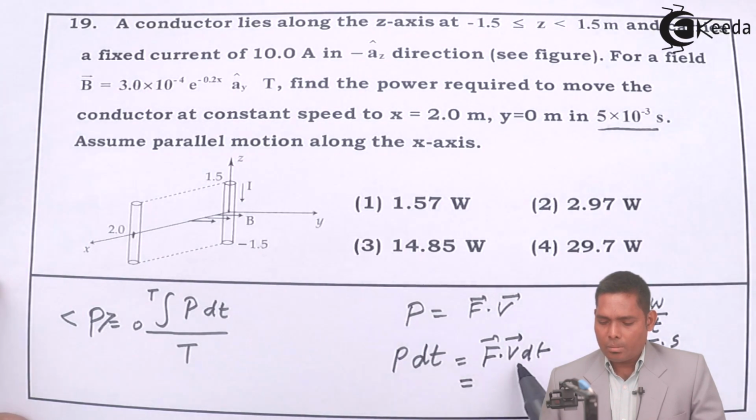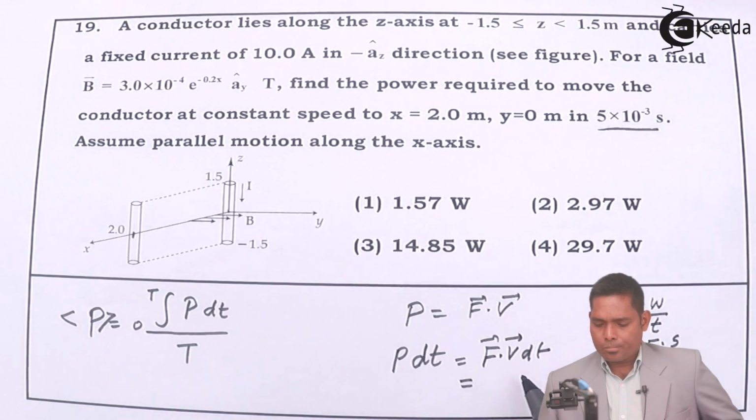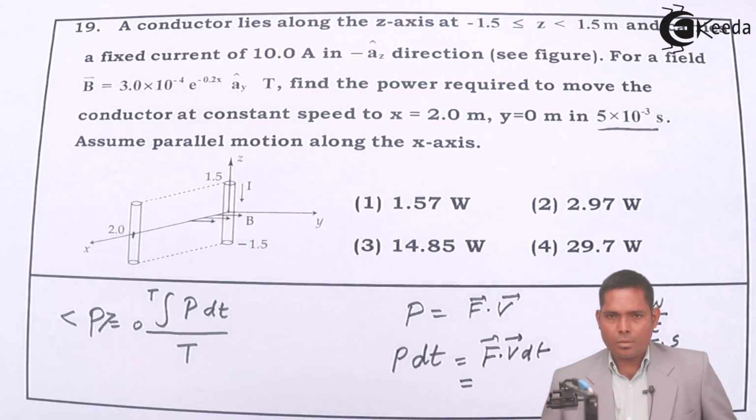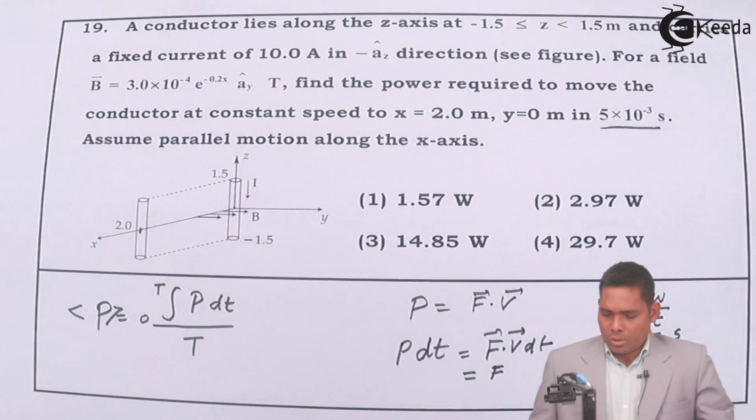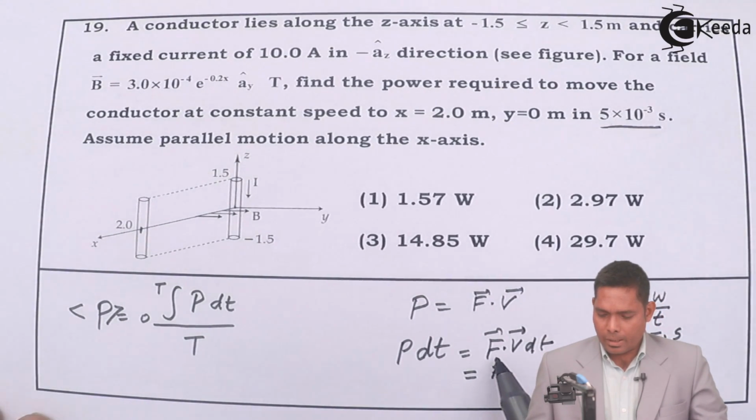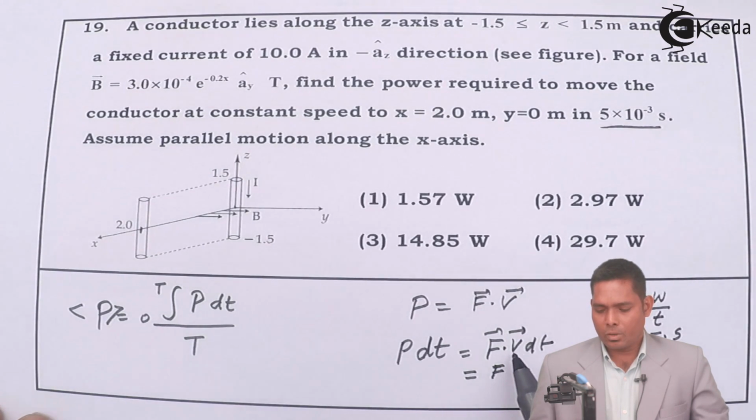This is F v dt. So this will be F, and you can see that v dt is dx. Now we have to again use the angle between the force vector and the v vector.